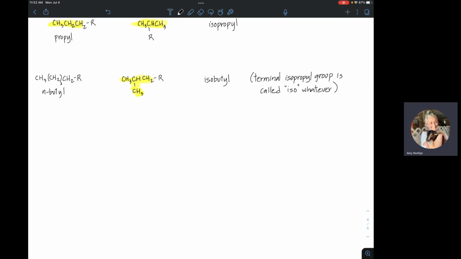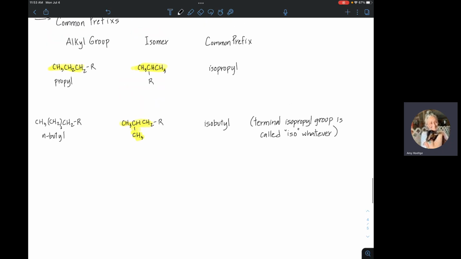So this is isobutyl. It's also possible that we could take N-butyl and we could move the methyl group to the other carbon closer to R. So that would look a little different. It would look like this. So now R is here, and we move the methyl group over a little closer. So we're saying that now that R group is on a secondary carbon, right?